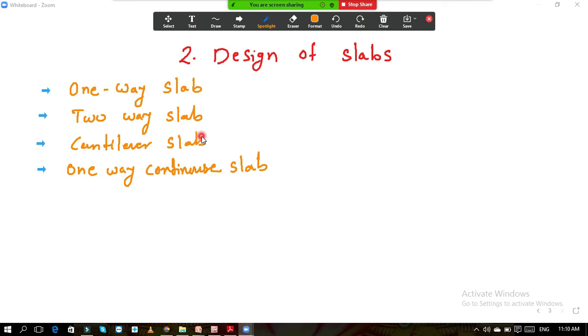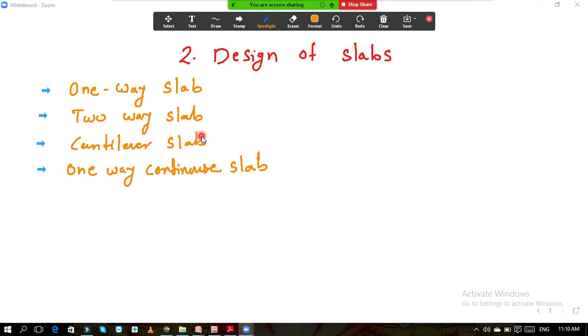What is a slab basically? The slab is a flexural member. Its thickness is very small as compared to the other two dimensions, L and B. There are some types of slabs.